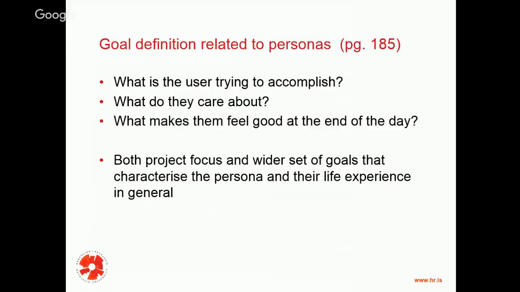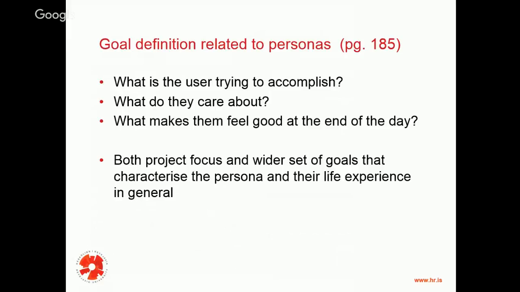So when we think about user goals, we should think about what the user is trying to accomplish. What do they actually care about? What makes them feel good at the end of the day? These could all be the goals of users.